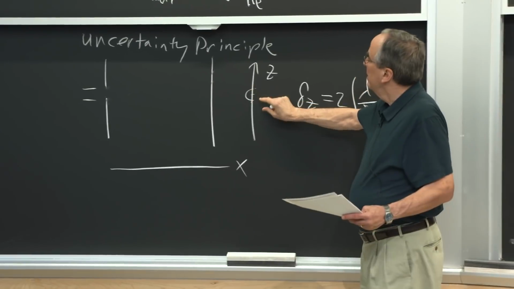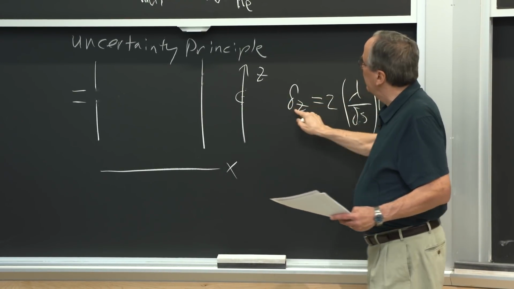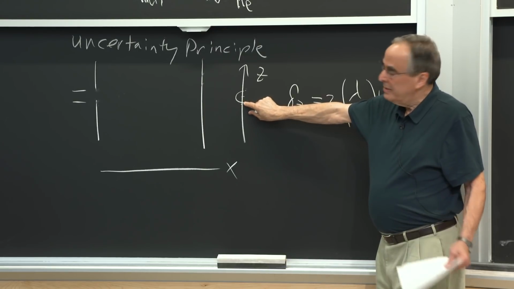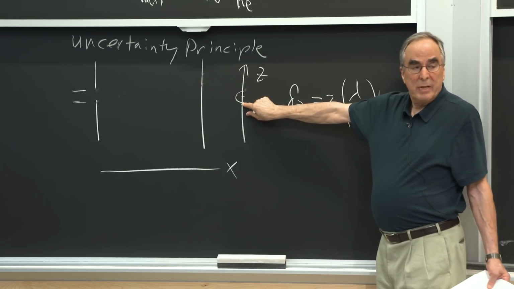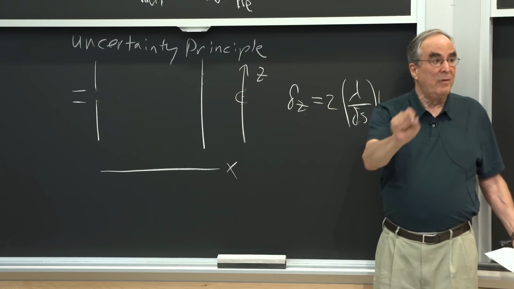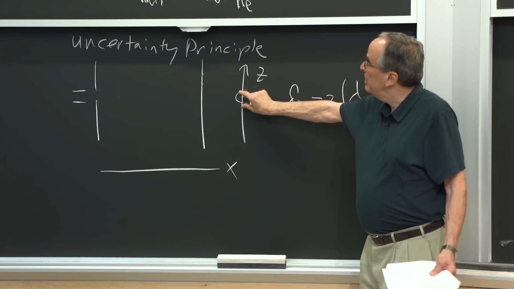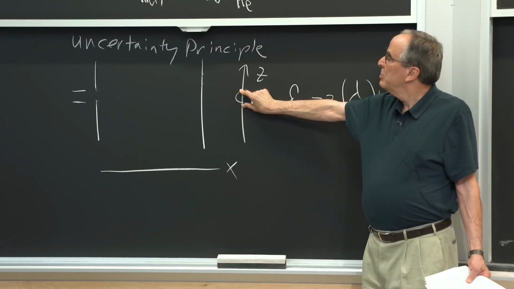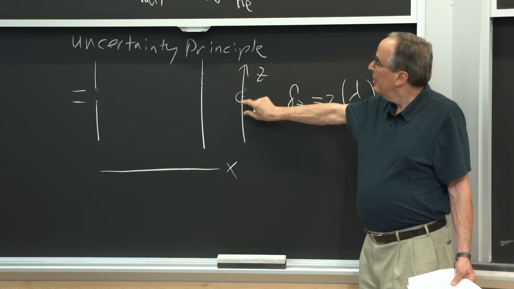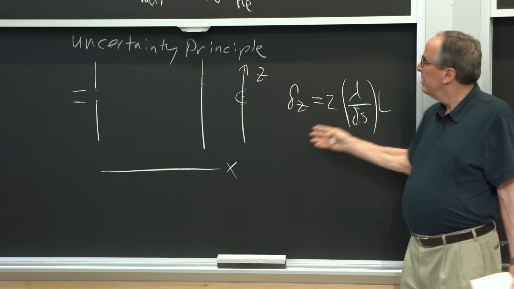And so this delta z is the distance between minima. So we can say between minima, we have the particle localized. Its position in space, or the photon localized, its position in space is uncertain by this quantity.